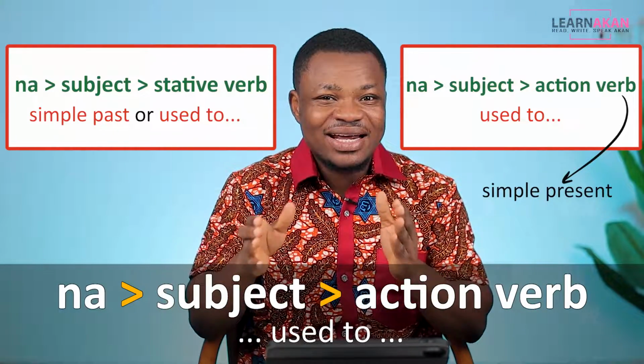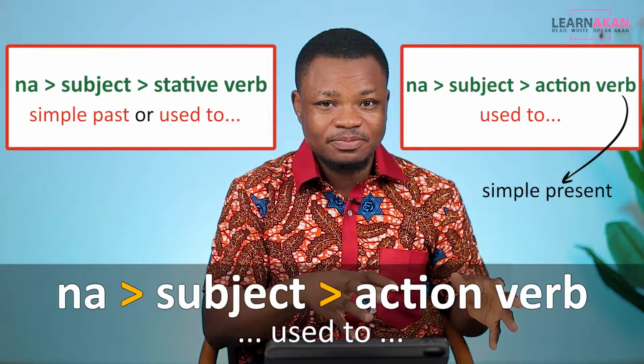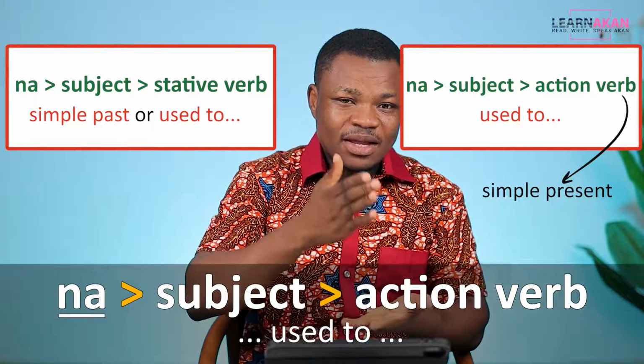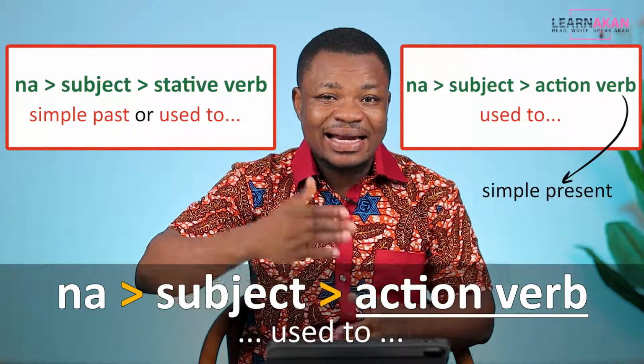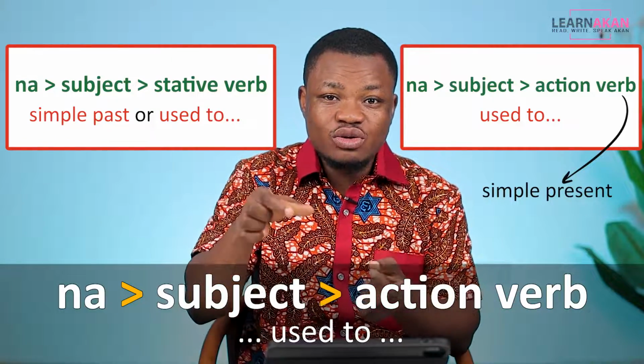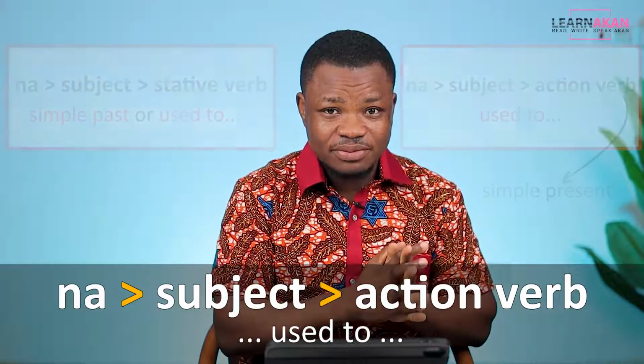That kind of meaning is what you get with that action verb in that frame. So if you put na before a subject and an action verb, you get the used to meaning of that particular verb. Let's see some examples. I'm sure when we look at some examples, you're going to get it.